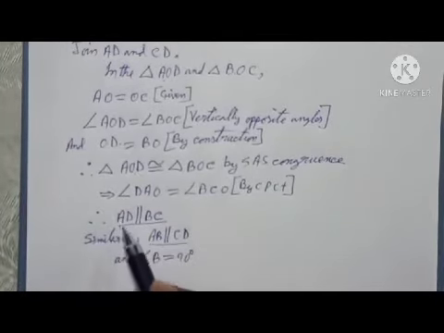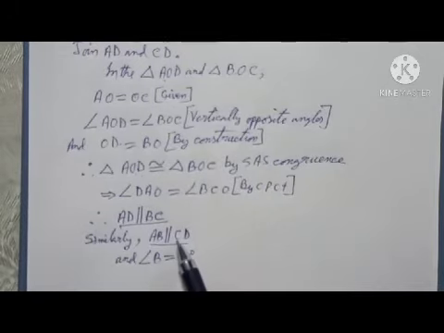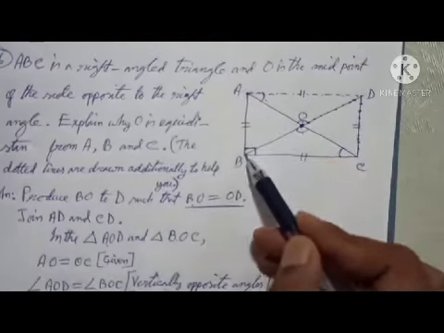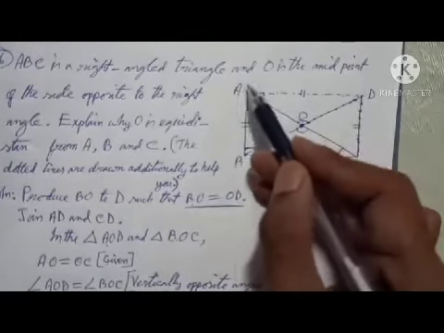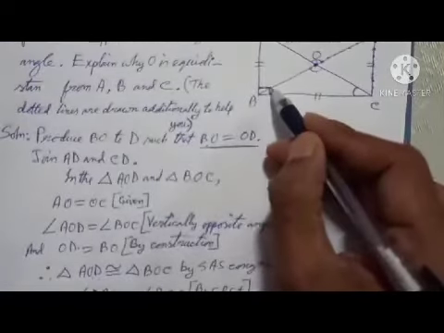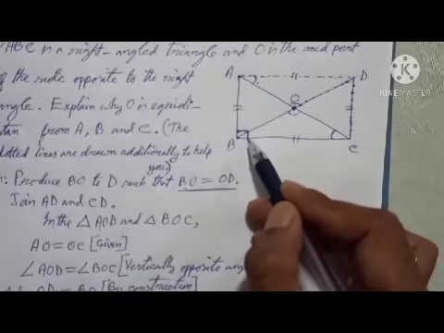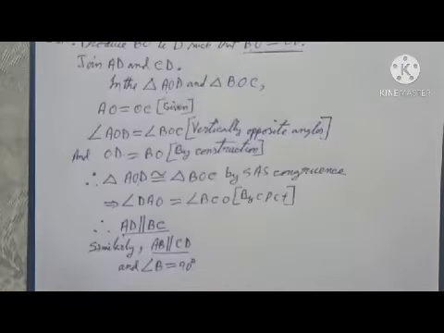AD is parallel to BC and AB is parallel to CD, so ABCD is a parallelogram. Since one angle is 90 degrees, ABCD is a rectangle. Therefore ABCD is a rectangle.